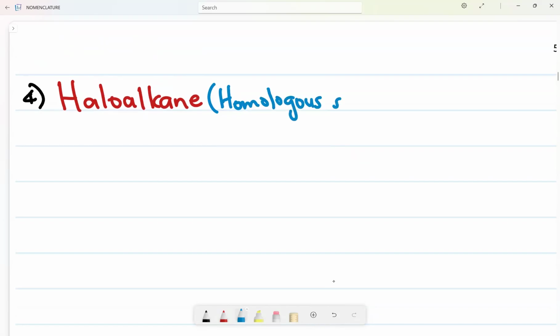Homologous series of alkane. But now let's be in a position of knowing what exactly a haloalkane is. Can you see from the word, halo comes from a halogen.